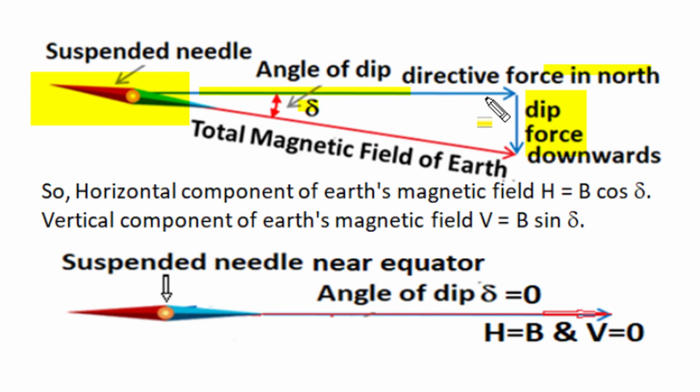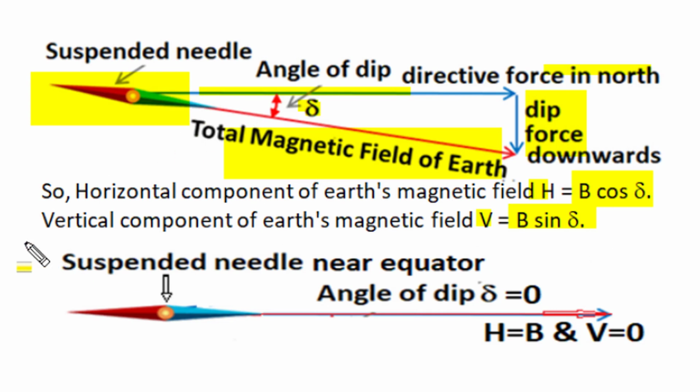As per the resultant position of the two forces, the dip needle makes a dip angle with the horizontal line. Accordingly, we can say that the resultant total magnetic field of Earth has two components: one along the horizontal line, H equal to B cos delta, and second in the vertical downward direction in the northern hemisphere, V equal to B sin delta.